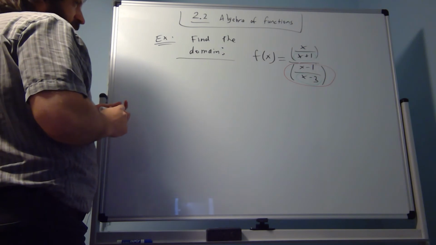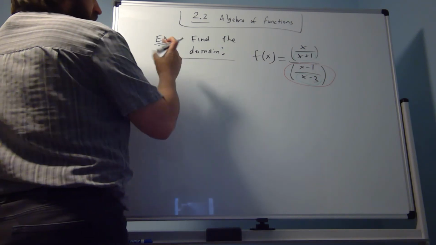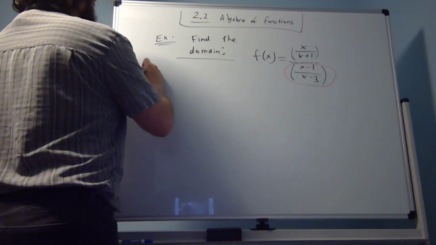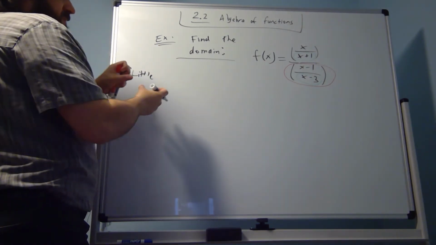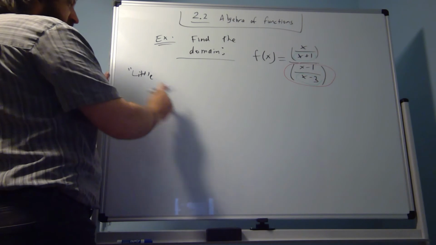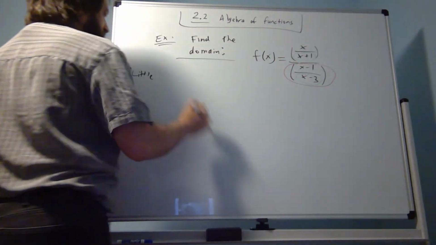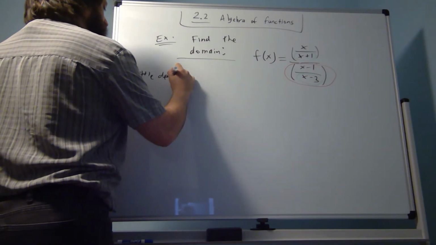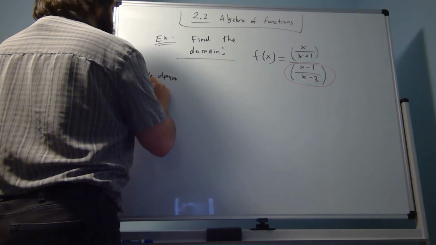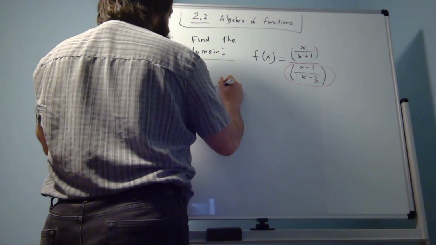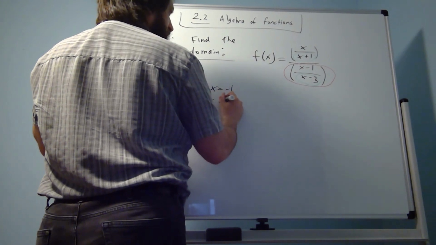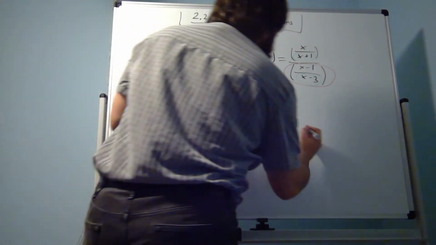So the little denominators. So we've got a big fraction, but we've got fractions within fractions. So these little sub-fractions. So the little denominator equals 0 means that x equals minus 1, x equals 3.